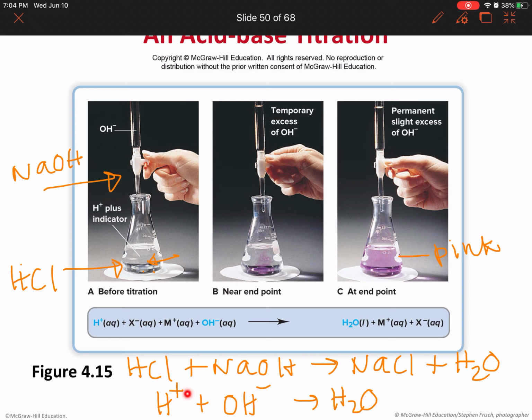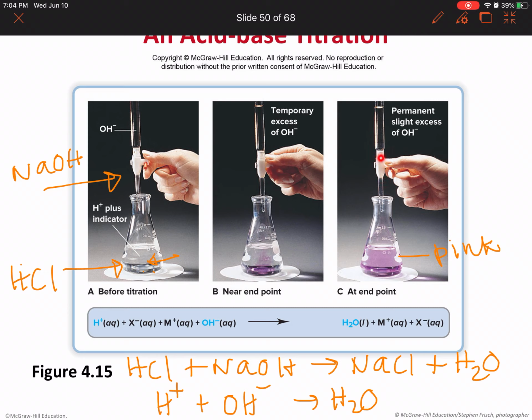There are no more hydrogen ions to react in the medium, so this whole flask will become basic now. Even one drop will make the whole flask basic, so the indicator changes color to pink, and you swirl the flask and it's not going to change anymore, so it's going to keep remaining the pink color for the solution, and we call that the end point of the titration. At that point you stop adding any more sodium hydroxide or the base from the burette.